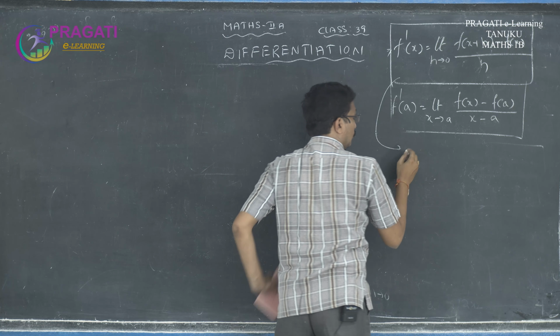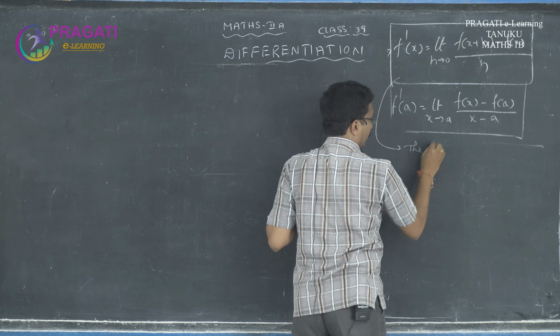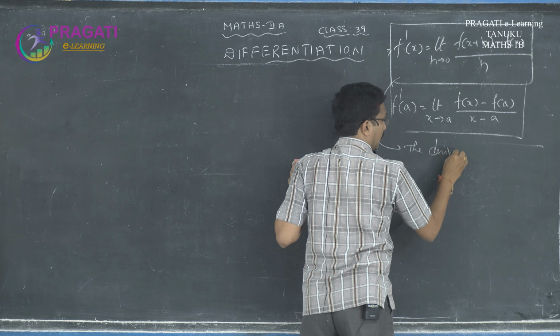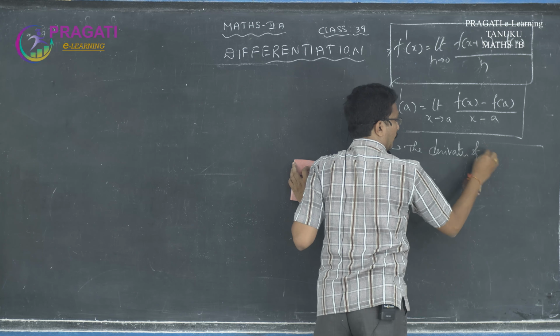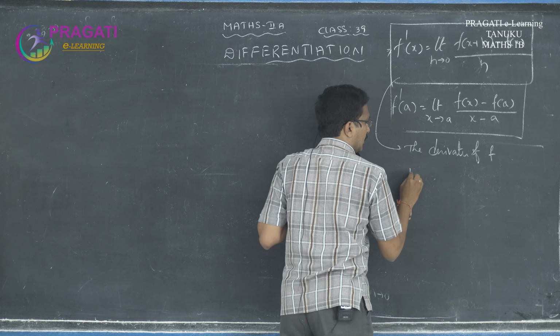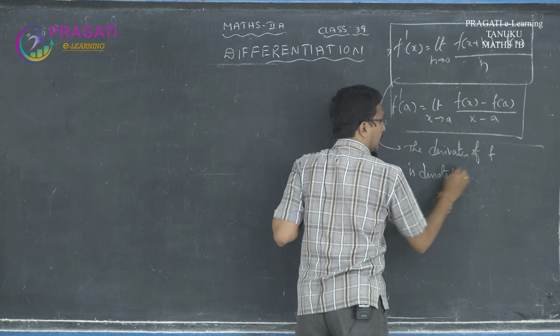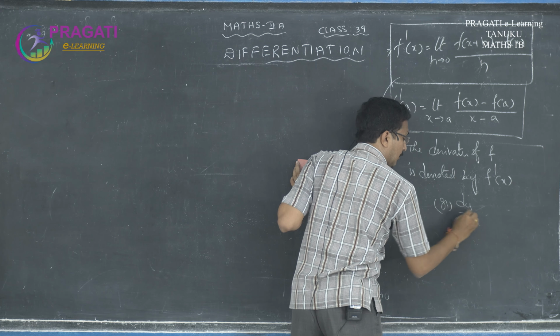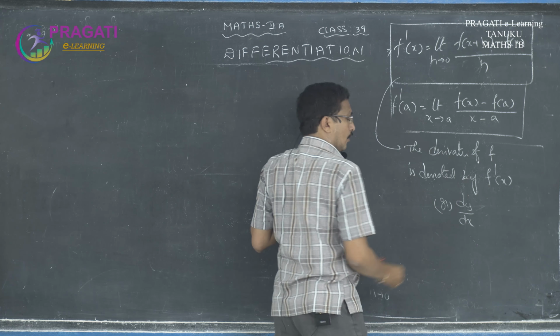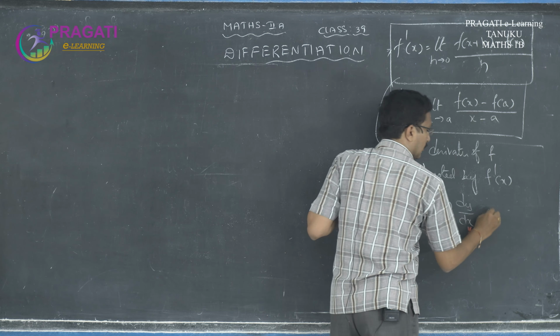The derivative of the function f is denoted by f dash of x or sometimes dy by dx or sometimes y dash.